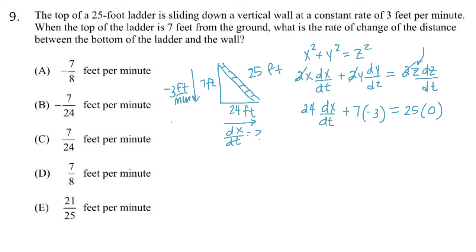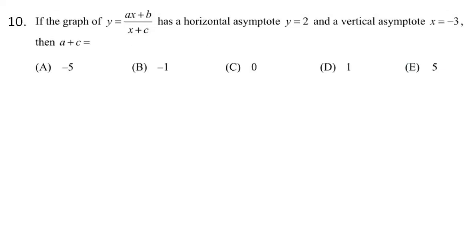So here we're going to solve for dx dt, and when we do so, we see that dx dt is going to be equal to 21 over 24, which should reduce to 7/8. So answer choice D.